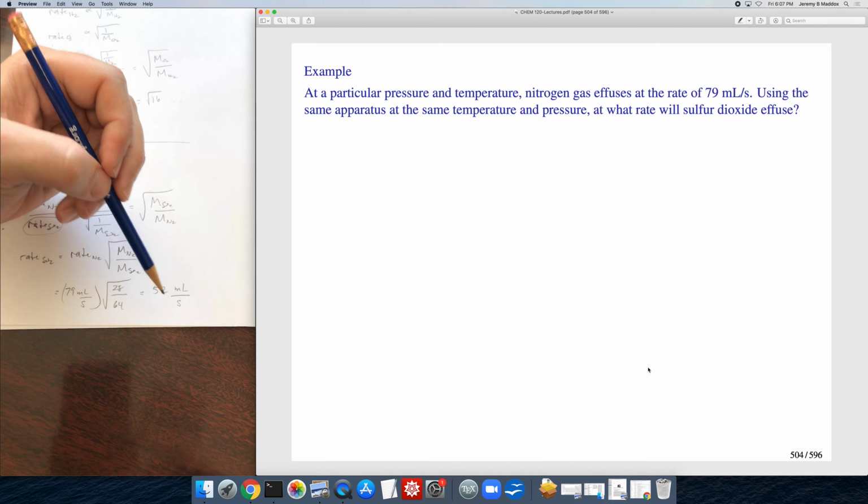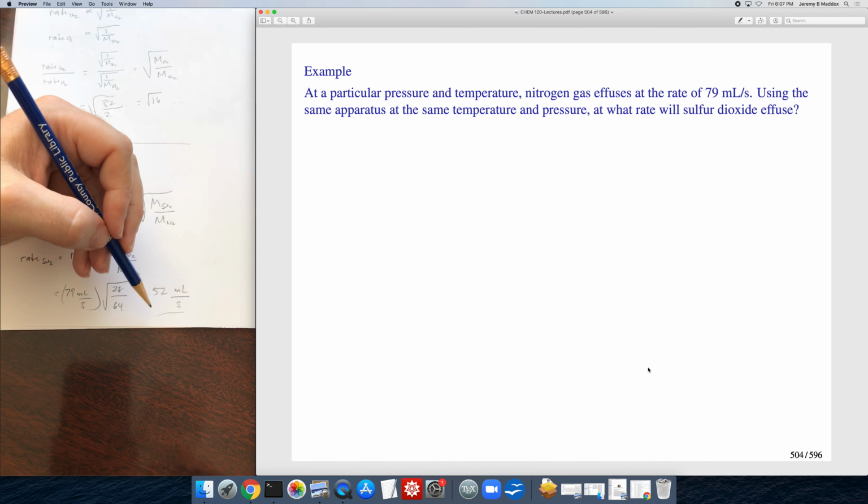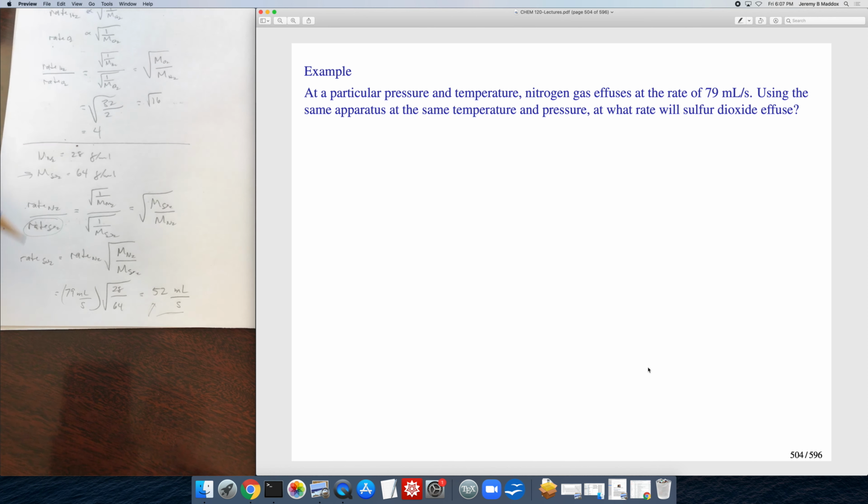So we find that, as expected, the SO2 has a larger molar mass, and so it is going to have a slower rate compared to the N2, which is a faster rate.